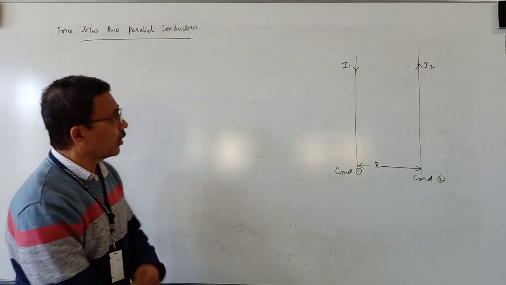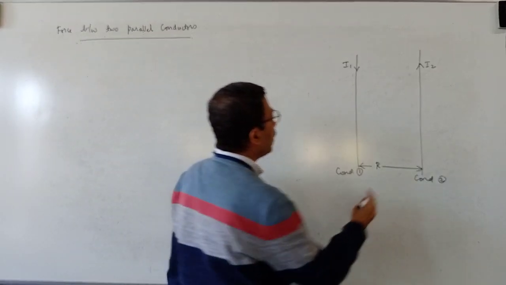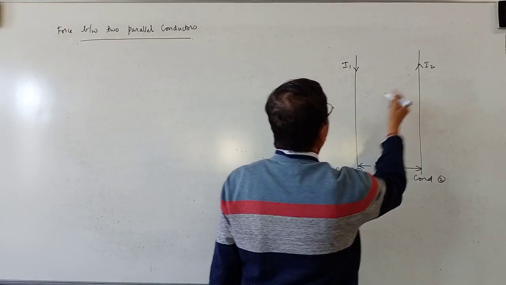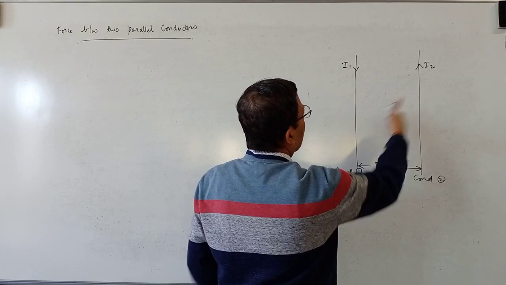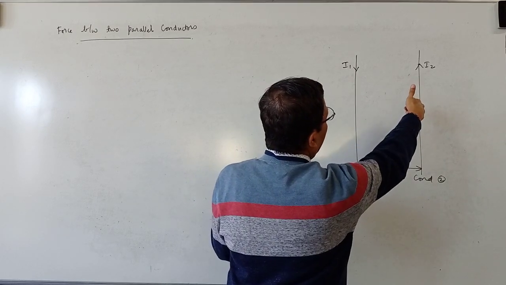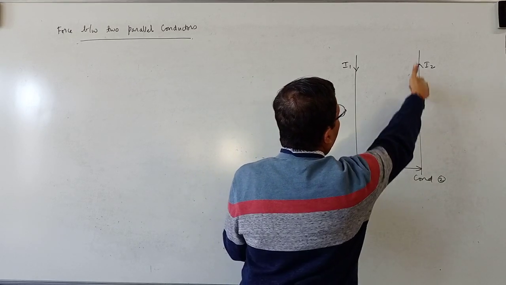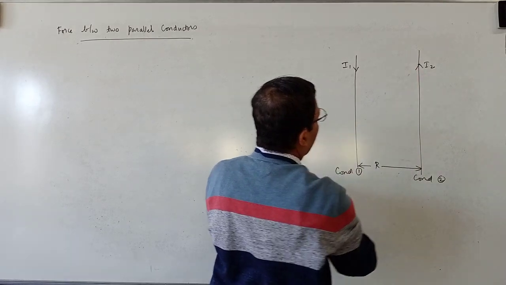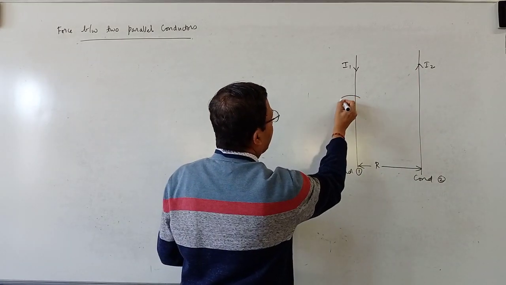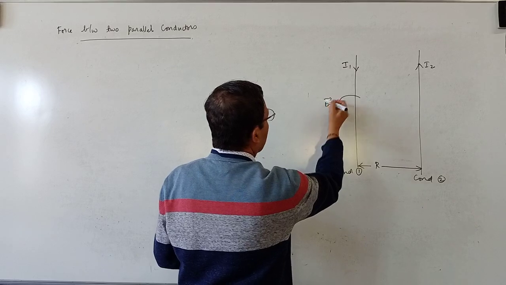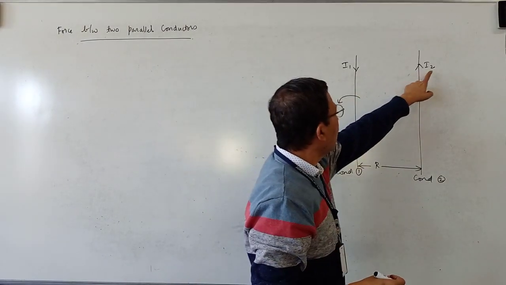In accordance with the right hand rule, current I2 produces the magnetic field. Close the fingers of the right hand with thumb pointing in the direction of I2, then the fingers indicate the direction of magnetic flux density. This is vector B2, produced by current I2.